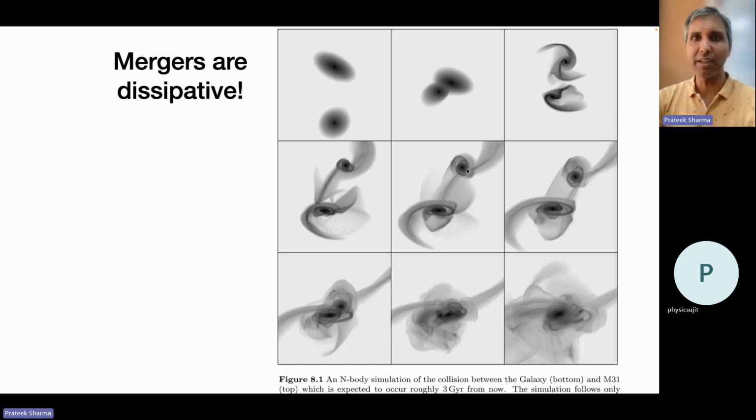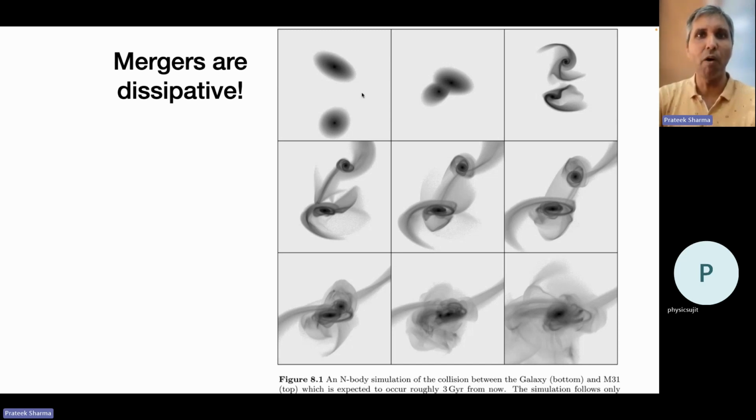It moves back, falls back in, and after the second closest approach, it no longer goes back, right? So notice the difference between a collection of stars versus two points. If you put the same mass in a point object for these two, they will just give you trivial Kepler's orbits.